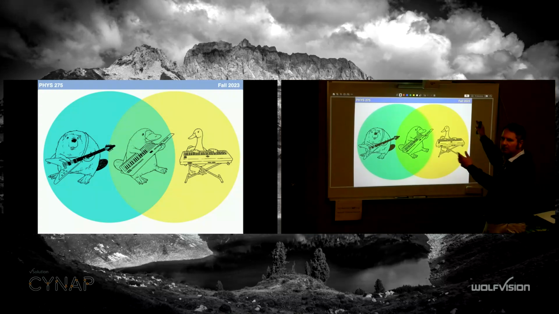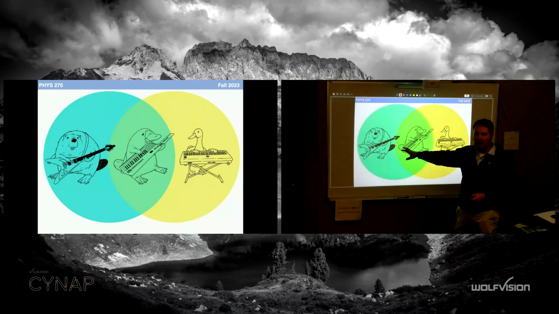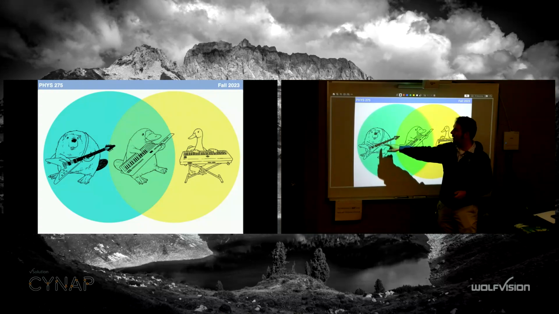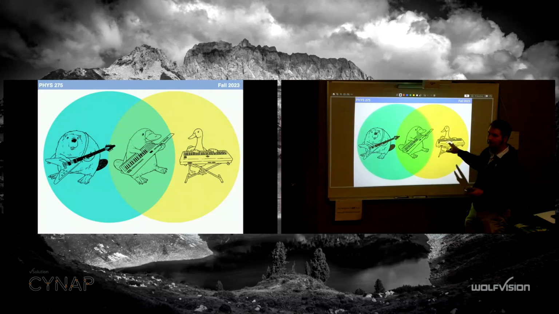So, table matching. If I have everything that is a beaver playing a guitar, sorry, has a beaver tail and plays guitar. This is everything that has a beaver tail and plays guitar. This is everything that has a duck bill and a keyboard.